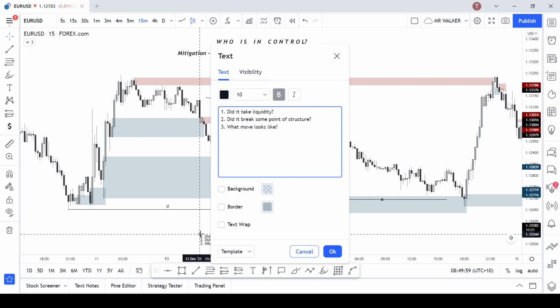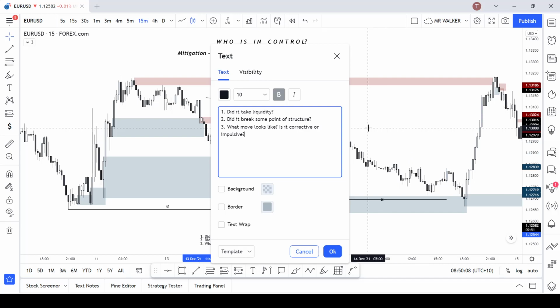Here I mean, is it corrective or impulsive? We always want to be looking at impulsive moves, because that means the intention is clearly to that side, and this is the indication that the bank or financial institution was behind this move to some extent.